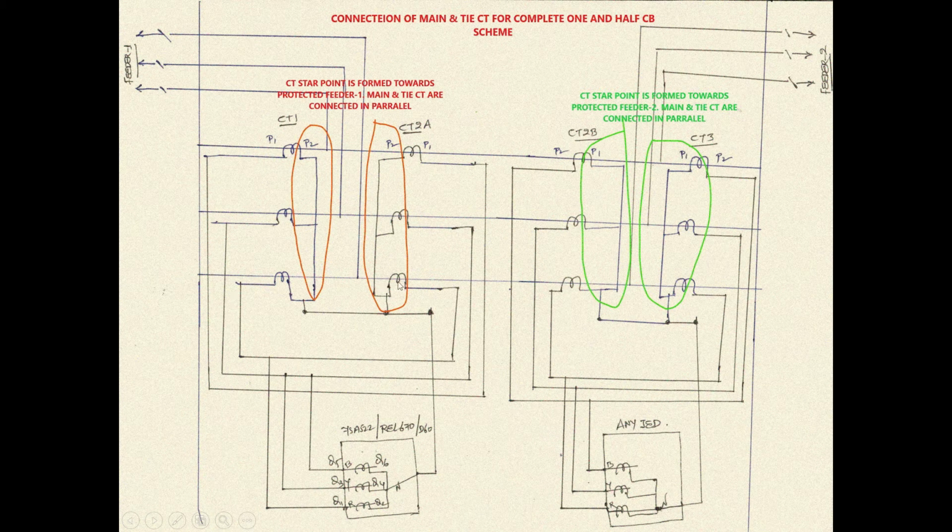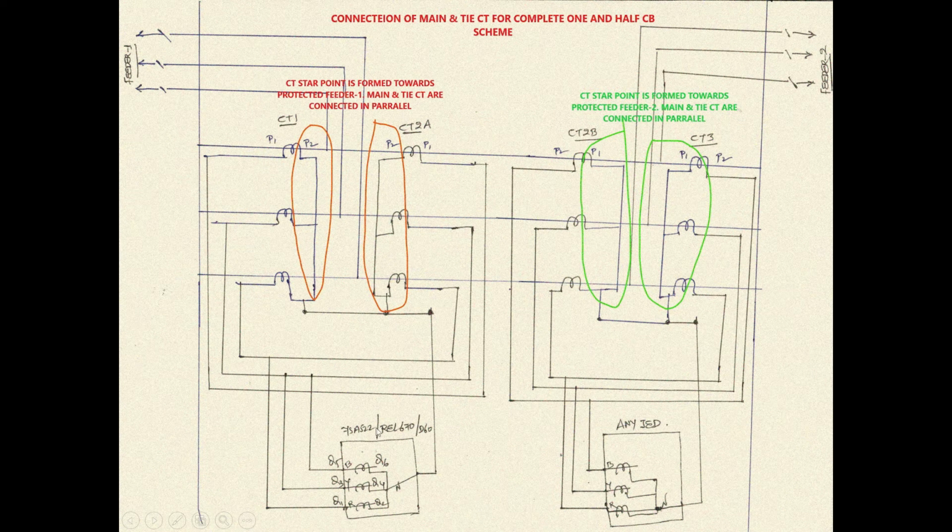Similarly, B phase of CT1 and B phase of CT2A will be connected together in parallel, and one single wire from this parallel connection will be connected to the B phase coil of your relay. Then the star point of CT1 and the star point of CT2A will be connected together in parallel, and one single wire is then connected to the neutral coil of your protective relay.